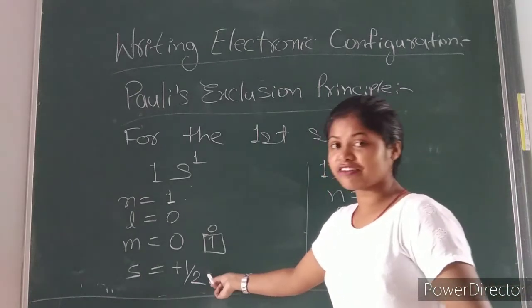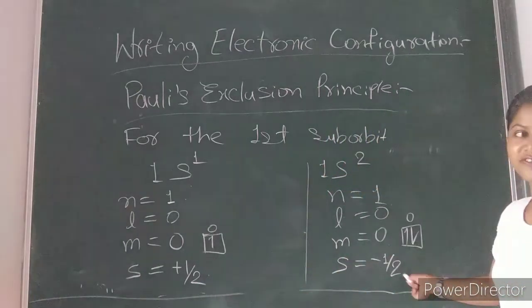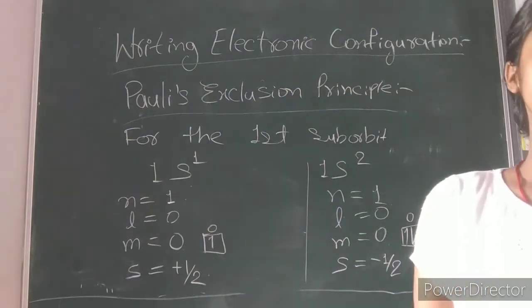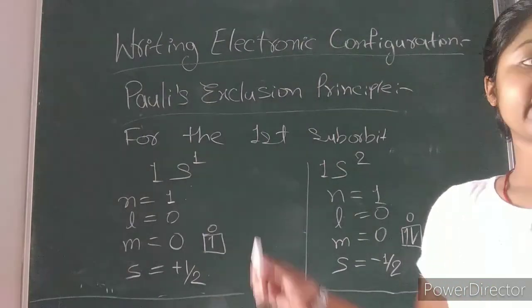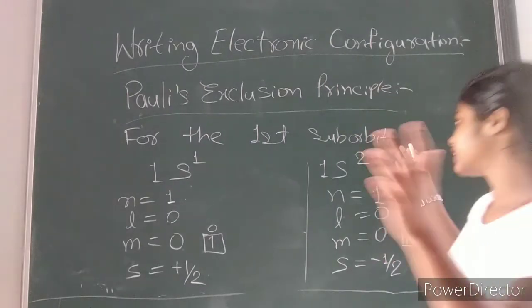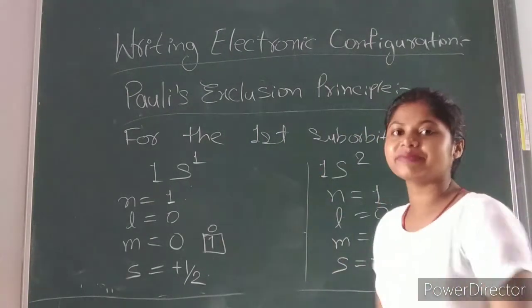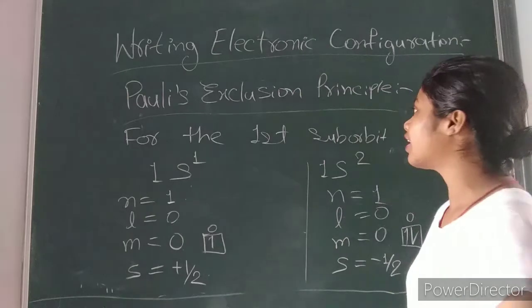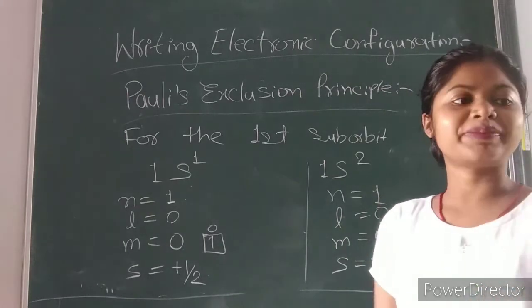It becomes half and it becomes minus half. So no two electrons of an atom can have the same set of all four quantum numbers. Here we are done with Pauli's exclusion principle.